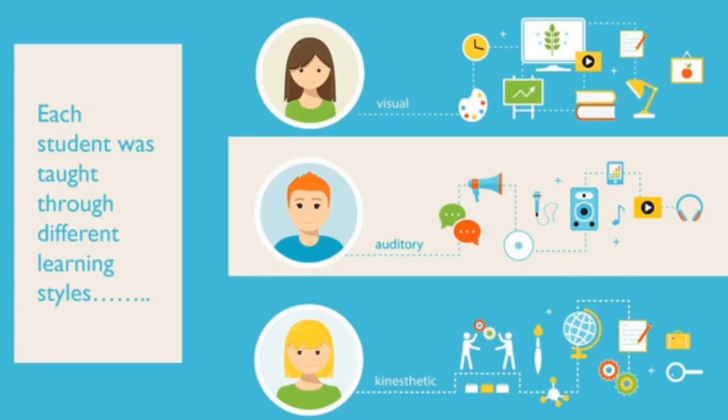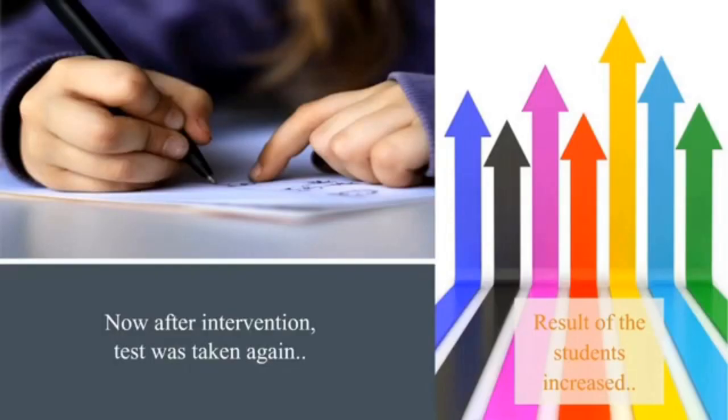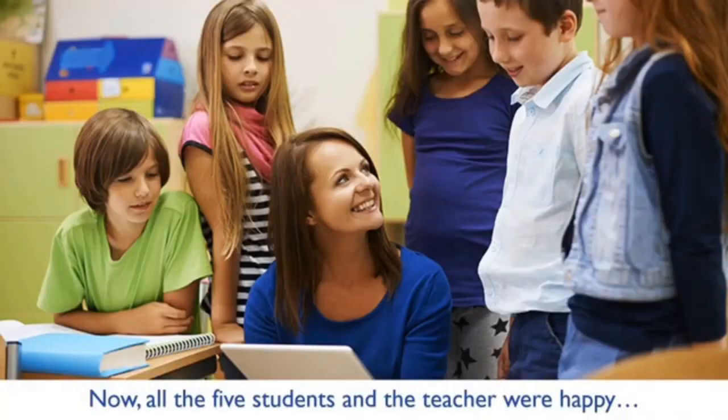So each student was taught through different learning styles. 3 different interventions were given separately to each of them, meeting their learning styles, and their cases were taken separately. Now after intervention, the test was taken again. The result of the students increased. Now all the 5 students and the teacher were happy.